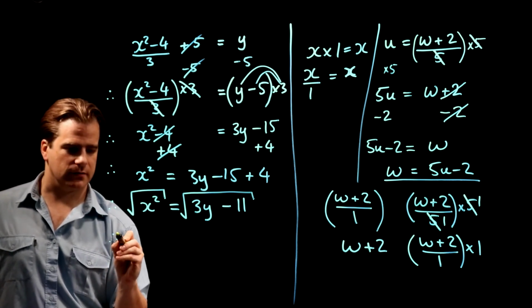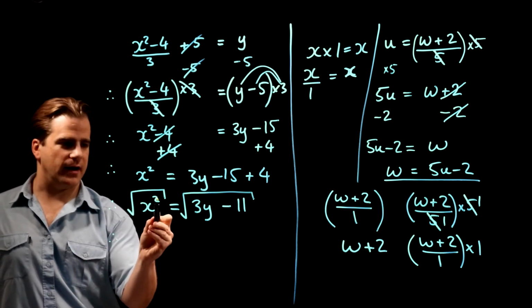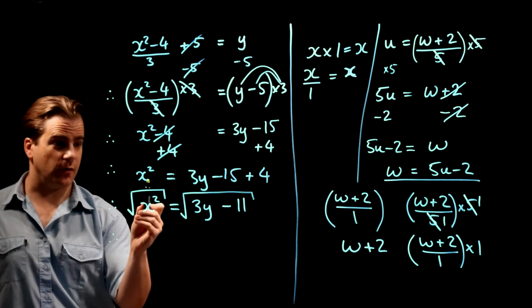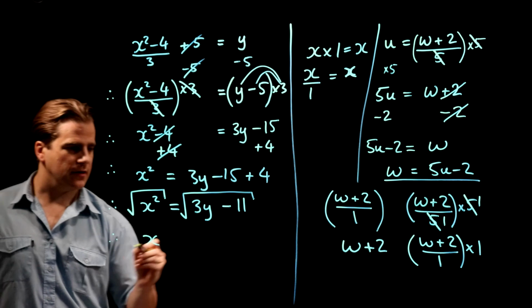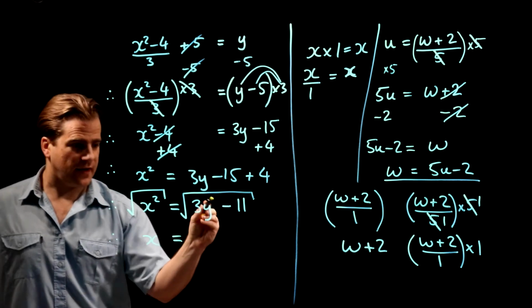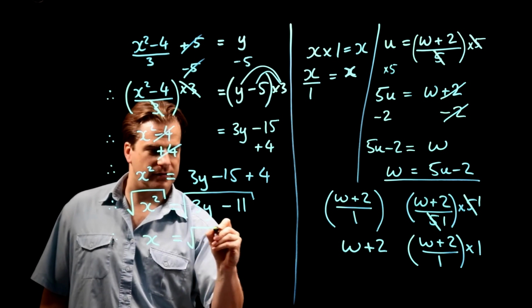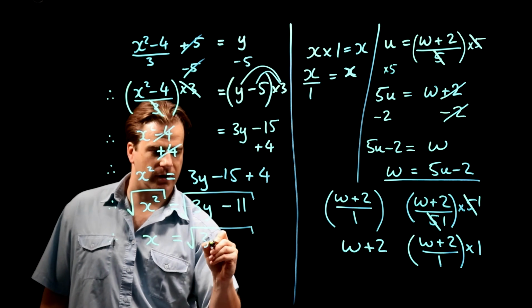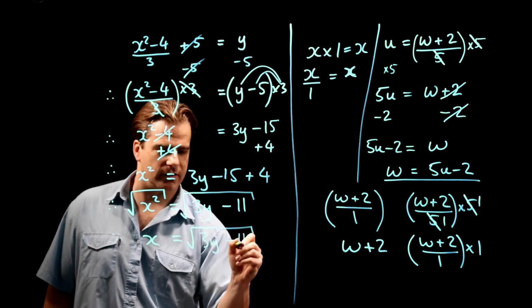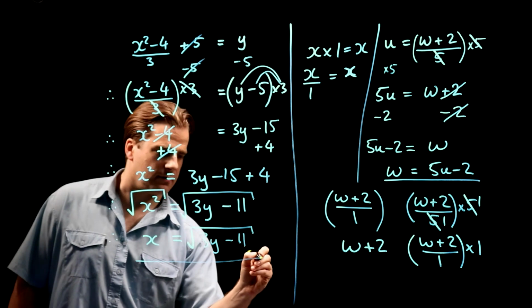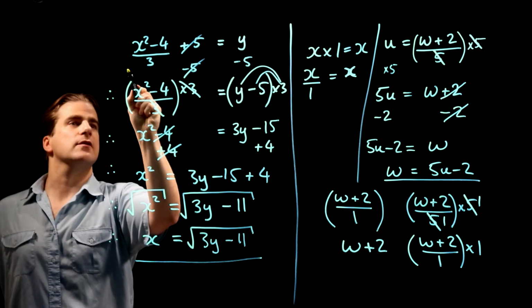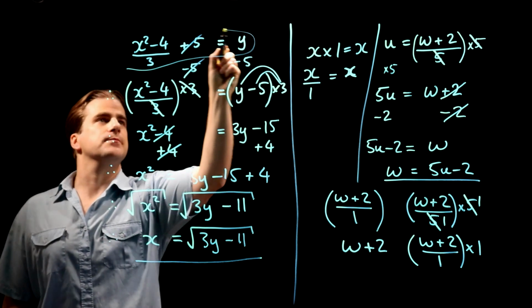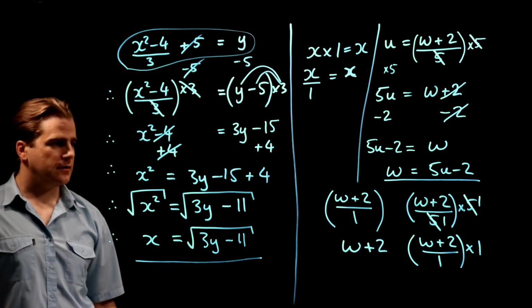So therefore, x squared, square rooted, squaring is the opposite of square root, so it's just x, equals, and that's it. x is the square root of 3y minus 11. And we've made x the subject of that equation. There you go.